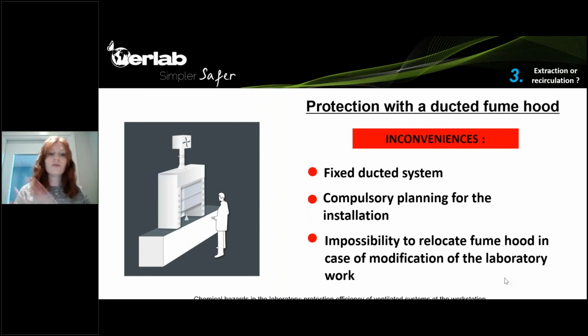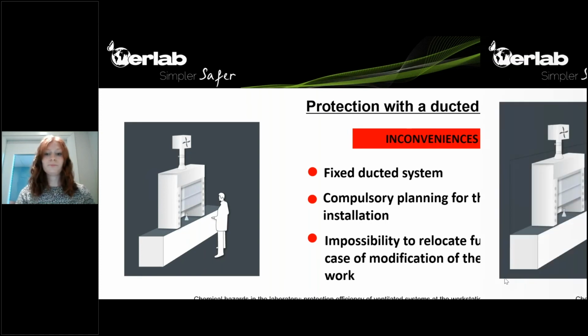And once it's installed, it's very hard to relocate in case there's a modification of the laboratory work. So if a laboratory decides to either build a new room or change the configuration of different machines, it's not possible to change the place of the ducted fume hood, as we say, it needs to be fixed to the ducted system.